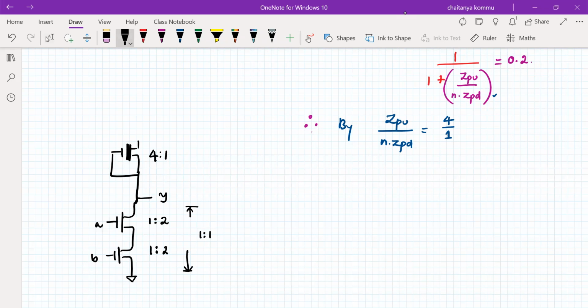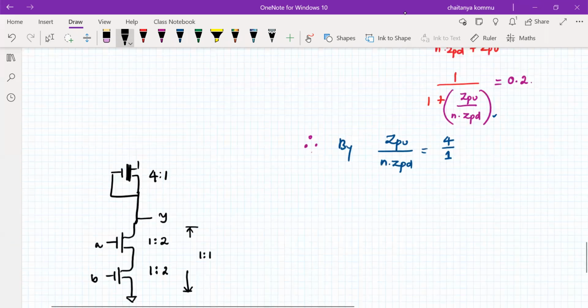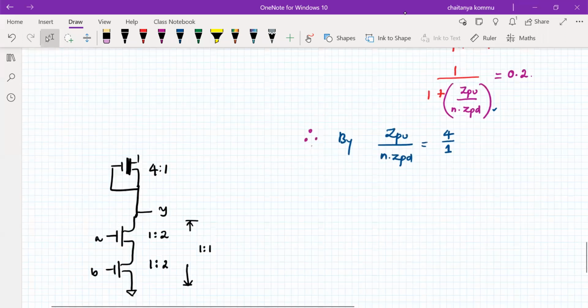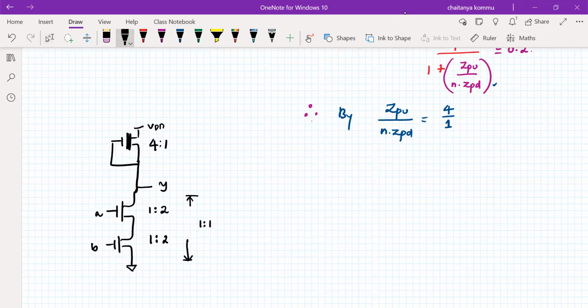For example, consider a 3-input NAND gate. What is its value then? Any guess from the class? 3-input NAND gate. This is VDD. This is the ground.